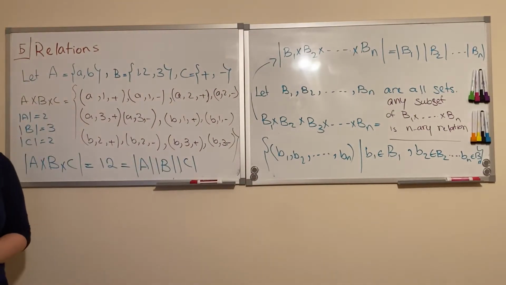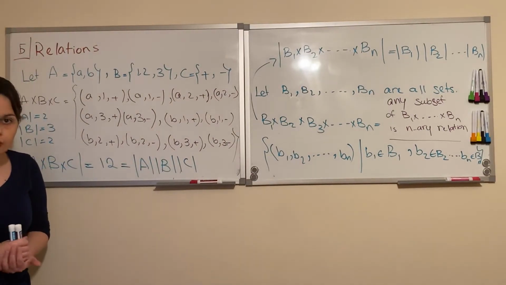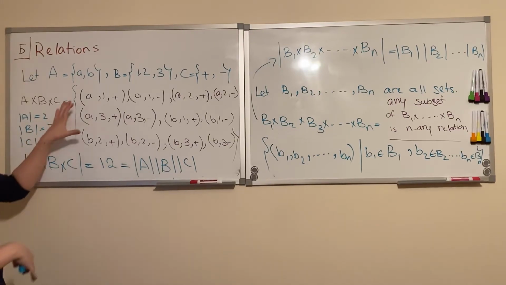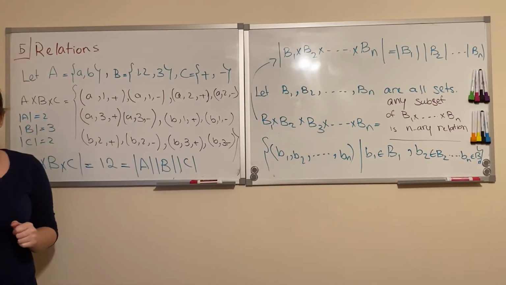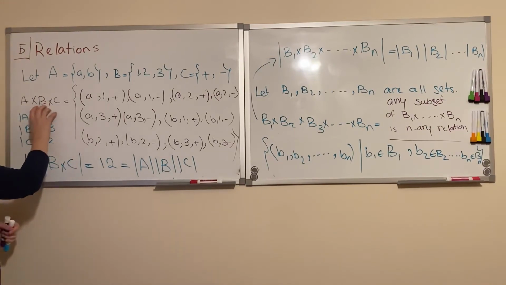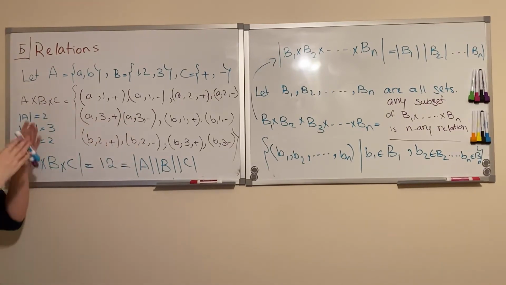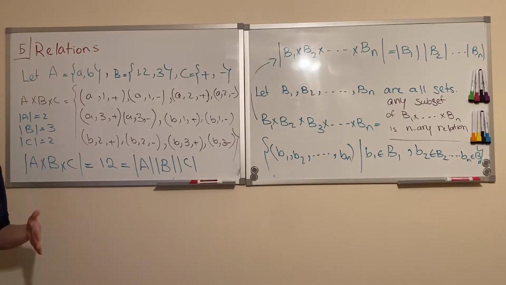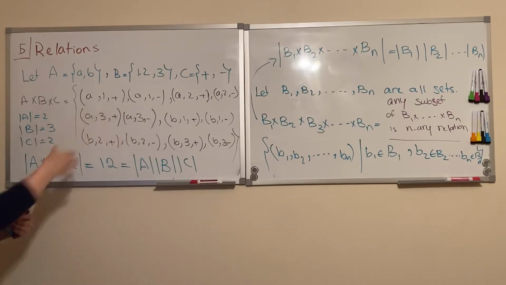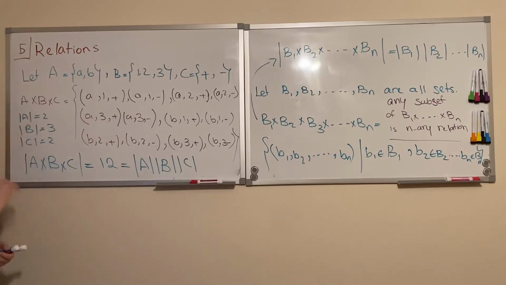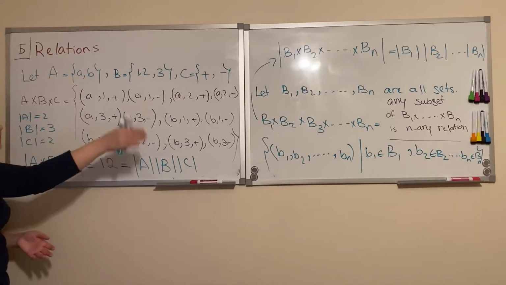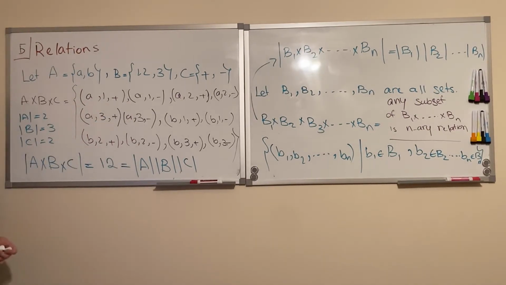Okay, one question. We said we can define relations as any subset of the Cartesian product set. So here in the Cartesian product, I have 12 elements. So I can define a relation as any subset of this set, right? So how many relations can I define? Since any subset of this set can be one relation, the number of subsets is the same as the number of relations.